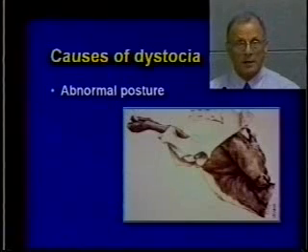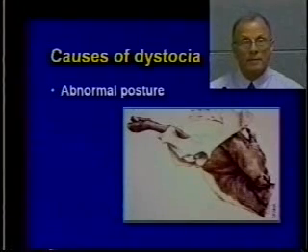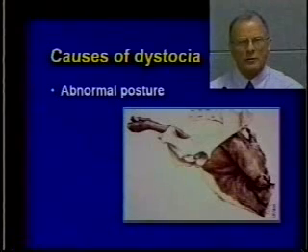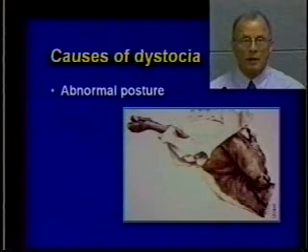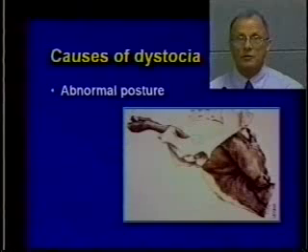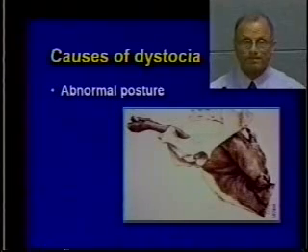The remedy then again is pushing the calf back in and straightening out the head. If we cannot do that and the calf is dead, then we can, with the use of the fetotome, sever the head and deliver it separately.